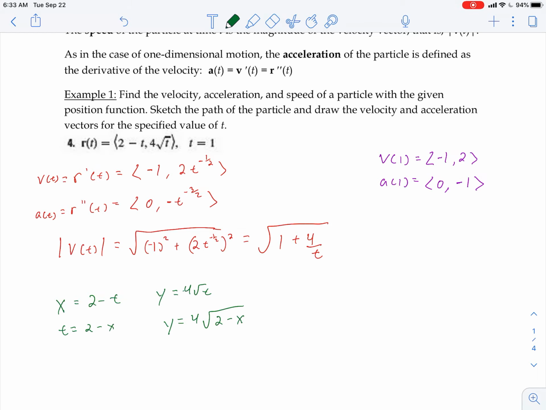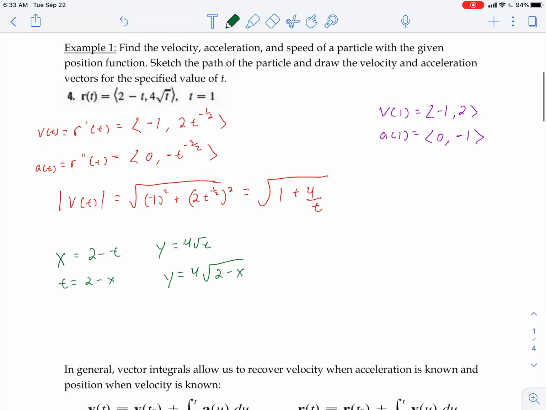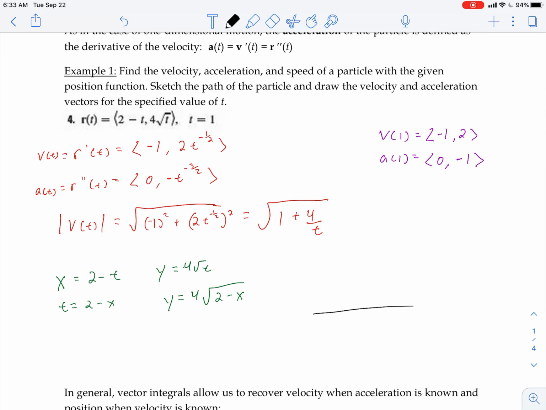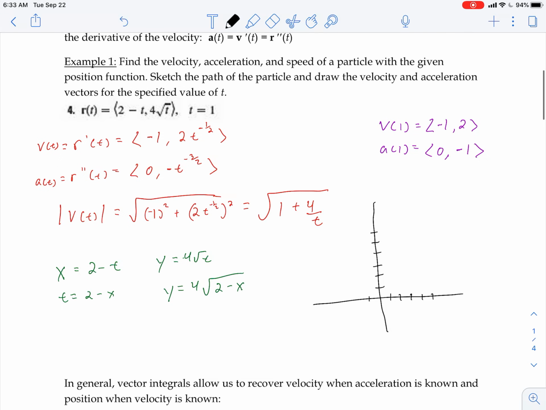Now I do that so I can draw what my graph is going to look like. Again, I'm not drawing a lot of straight lines today.